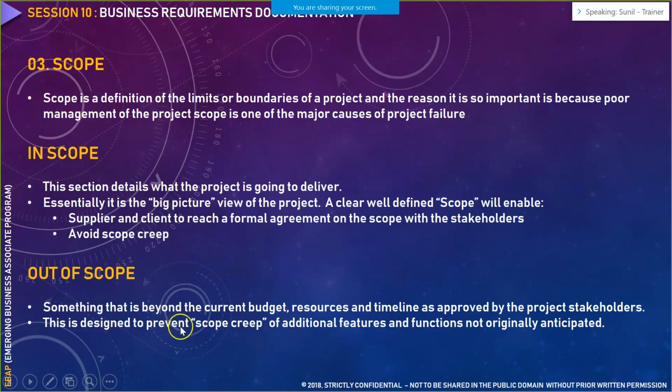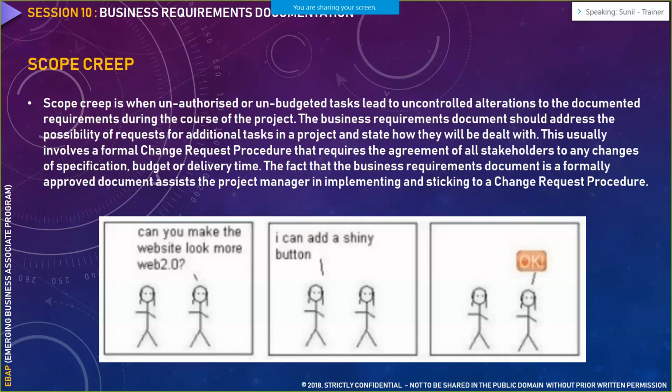And out of scope is something that you are not going to entertain at any cost in that particular scope. Now, what business tends to do is creep the scope. Initially they would agree that okay, this is the scope, but later on they would say, depending on your requirement statement, I feel you should also be including this in the scope.